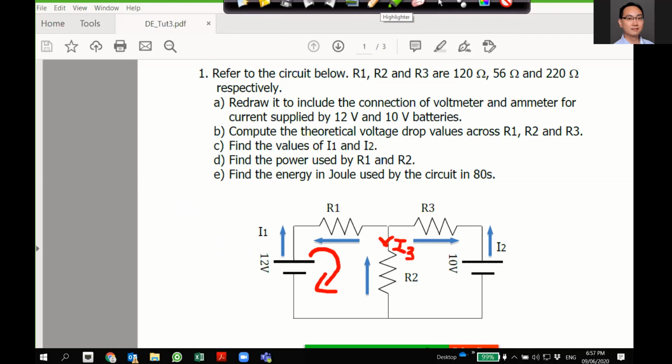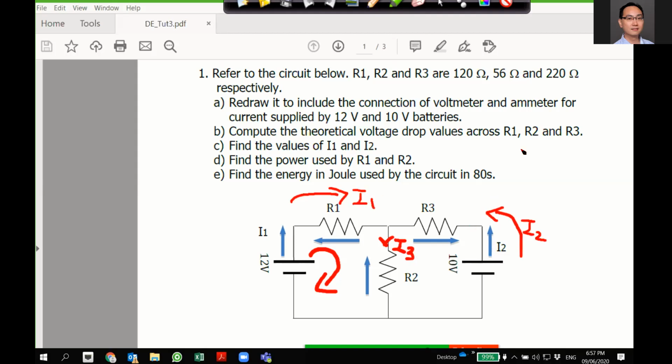This pen is quite thick, let's change it down a bit. So this part here is called the I3 current. Then of course you got the I2 current going in this direction, and you have the I1 current flowing in this direction, right?